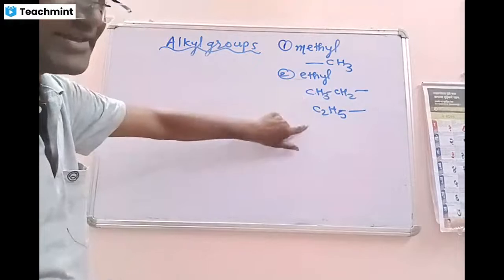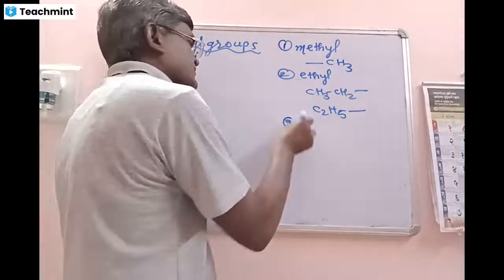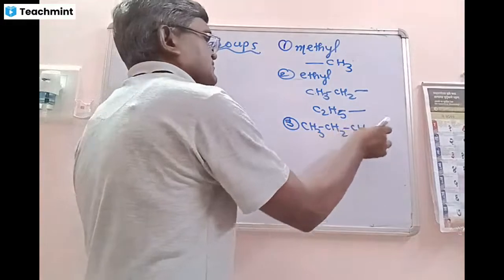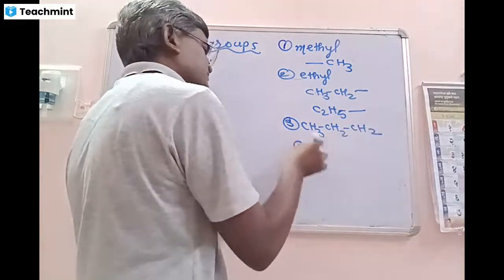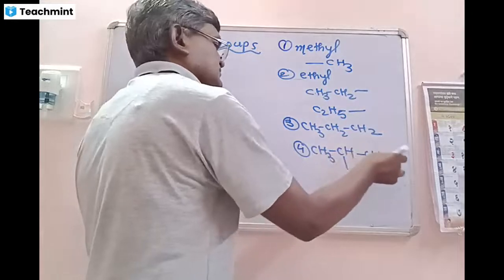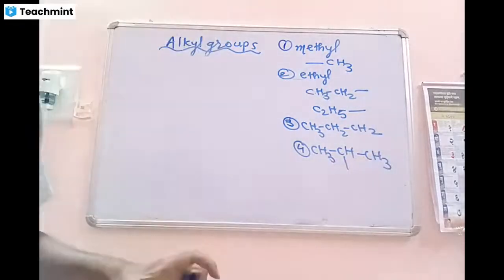You can write ethyl this way or that way. This is N-propyl. The fourth one is isopropyl. These are the four alkyl groups, right?